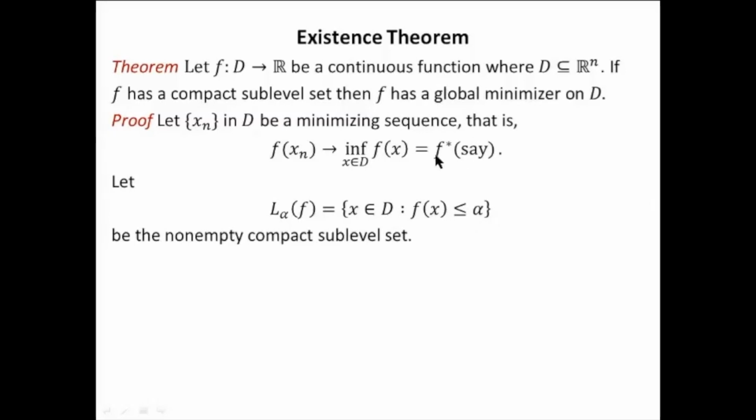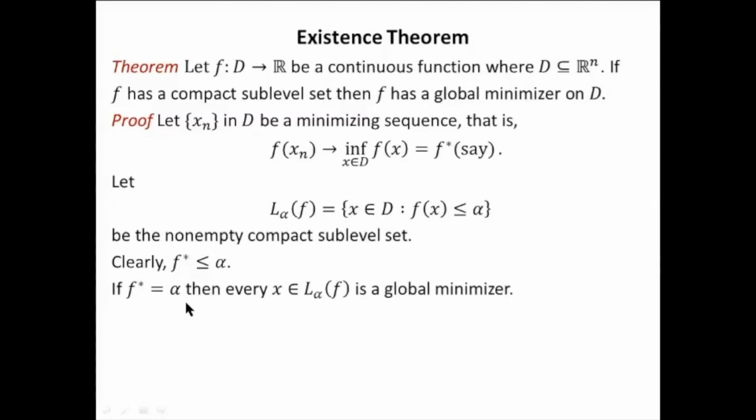So naturally f star will be less than or equal to alpha. Now there are two possibilities. Either f star will be equal to alpha or f star will be strictly less than alpha. If f star is equal to alpha, then all the points in this set have the value f star. That is, every point in the sublevel set is a global minimizer.